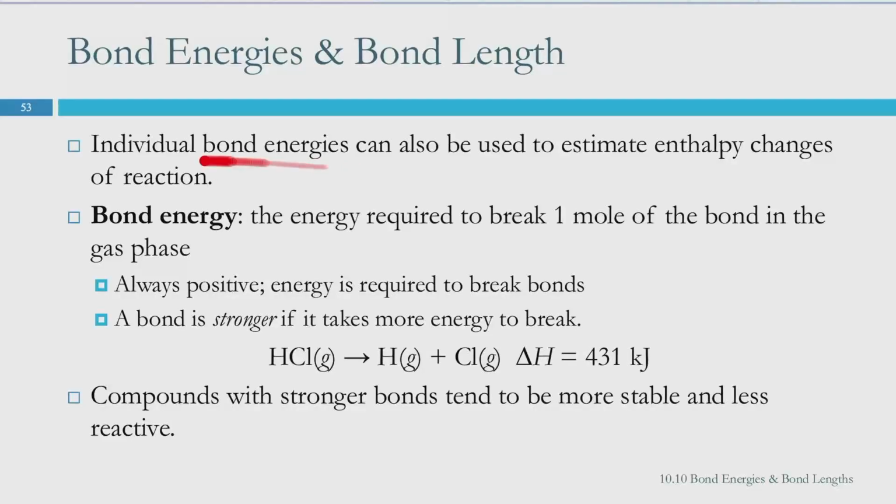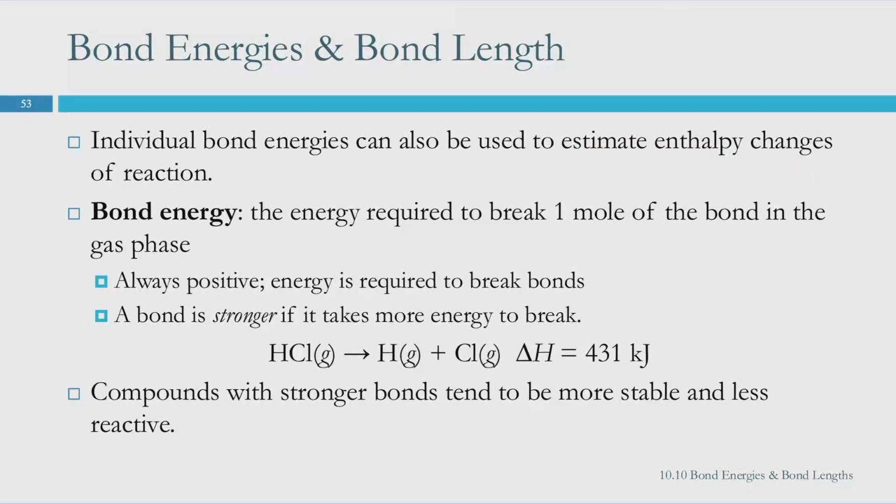We can also use bond energies to estimate enthalpy changes for a reaction. Bond energy is the energy to break 1 mole of the bond in the gas phase. This is always going to be positive because energy is required to break bonds. A bond is stronger if it takes more energy to break.